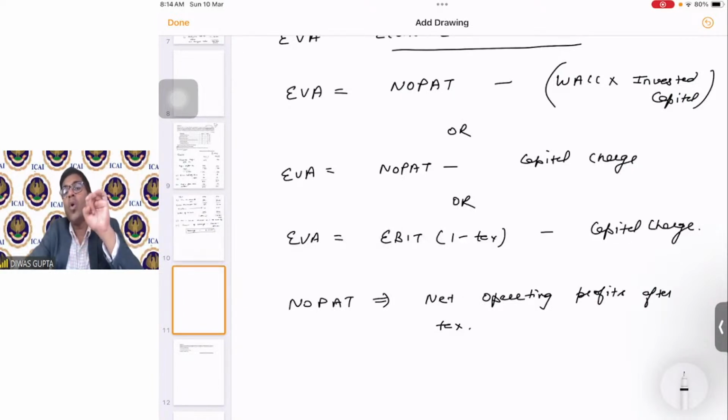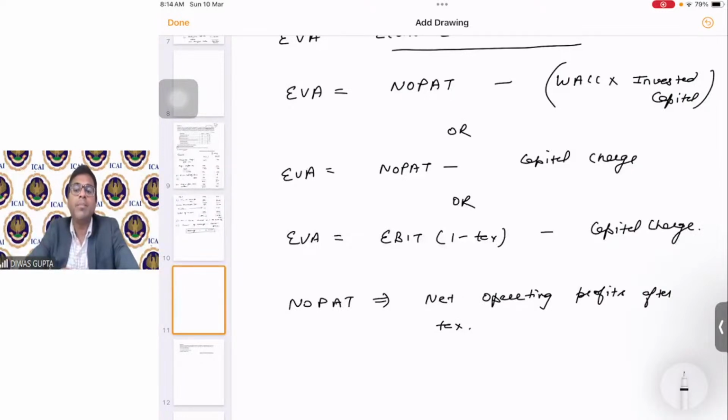Operating will exclude all your one-time adjustments and your interest cost, because net operating profit after tax will not include any interest charge or interest income. Interest income is not generated by the business; it is generated by the investments that you have done.